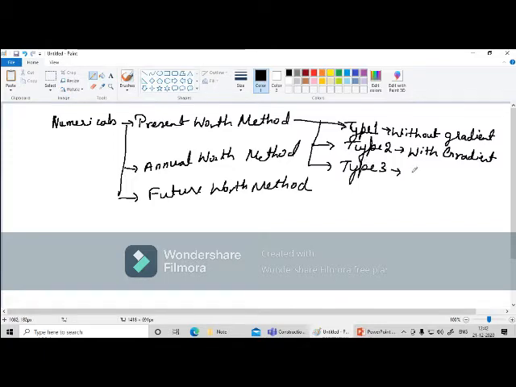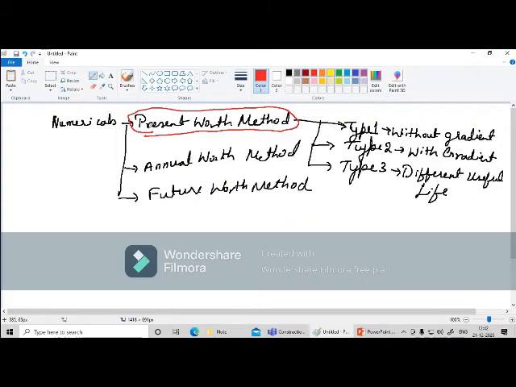Type 3 is different lifespan or different useful life. Please make a note: if you take up the present worth method, the annual worth method, or the future worth method, these three different types of problems will be there. So in today's class we shall solve problems based on the present worth method.